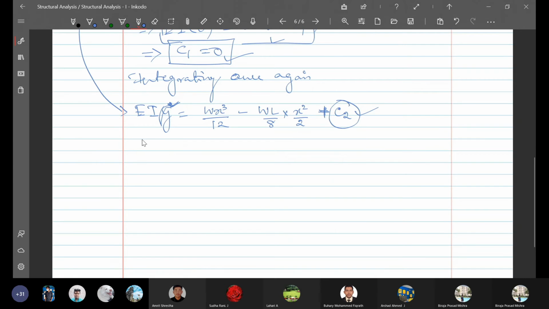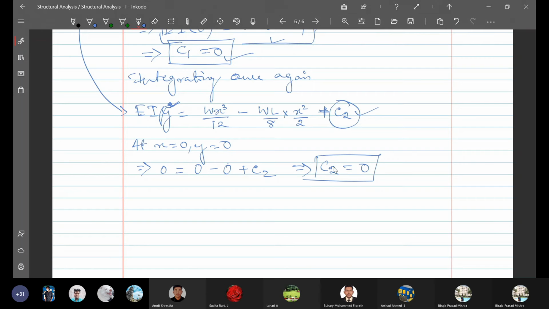At x equals 0, y equals 0, so 0 equals 0 minus 0 plus C2. So from this, I can write C2 equals 0 again.